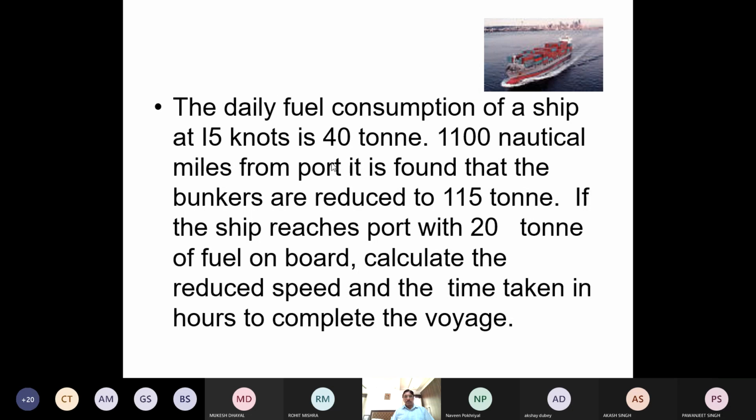The daily fuel consumption of a ship at 15 knots is 40 tons. At 1100 nautical miles from the port, it is found that the bunkers are reduced to 115 tons. If the ship reaches port with 20 tons of fuel on board, calculate the reduced speed and the time taken in hours to complete the voyage.